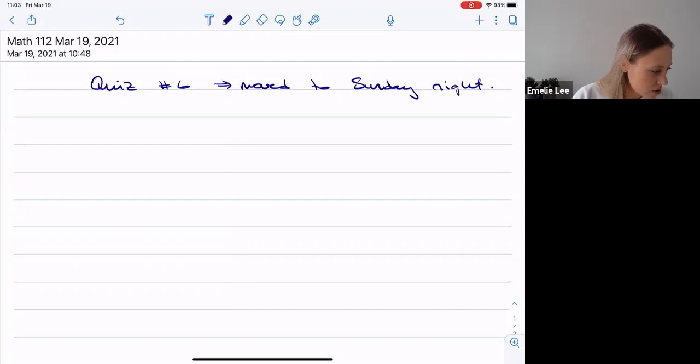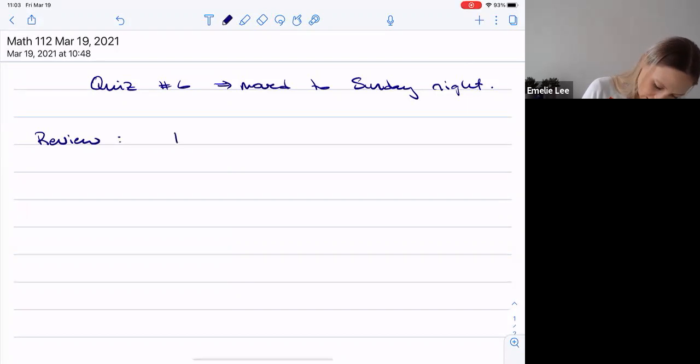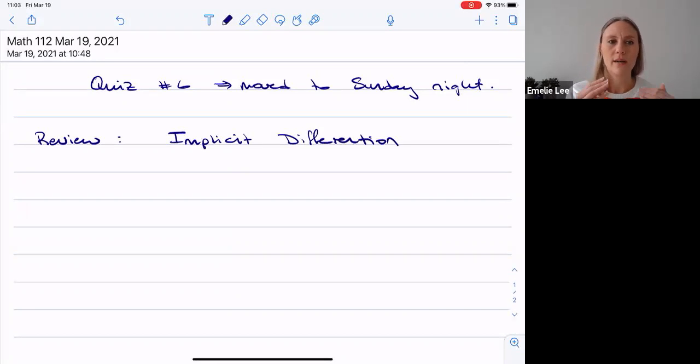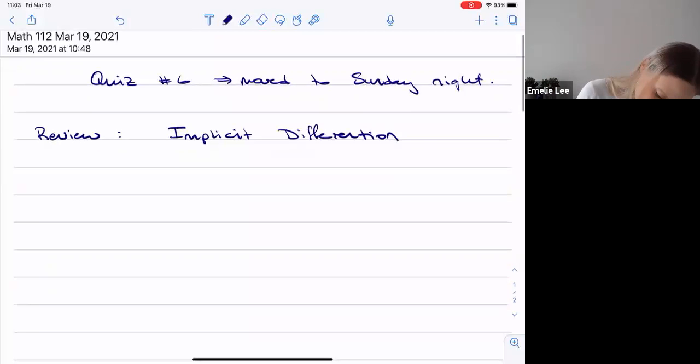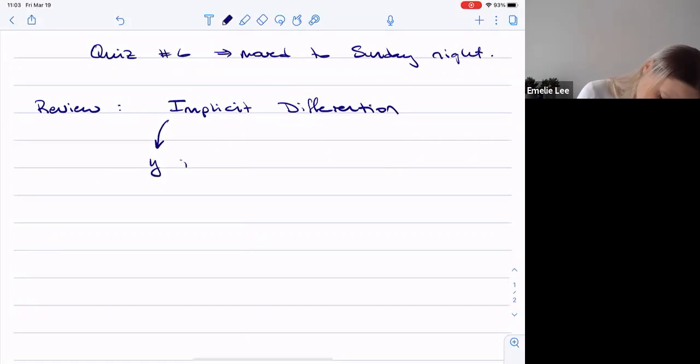Okay, so we should get into it. Just a little bit of review. So we started implicit differentiation, where our functions are not explicitly in terms of y, but we have y kind of baked in with the x's. So the function is not explicitly solved for y.